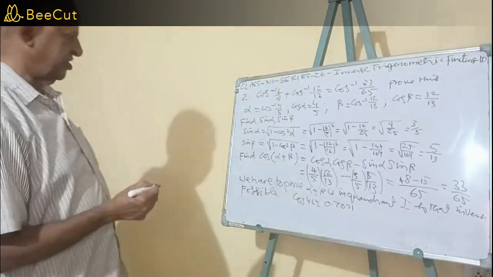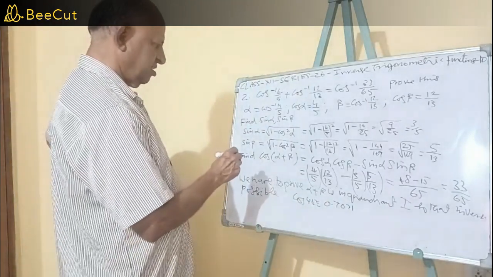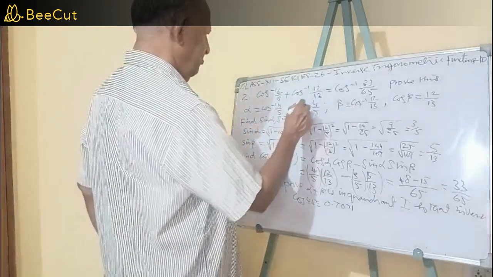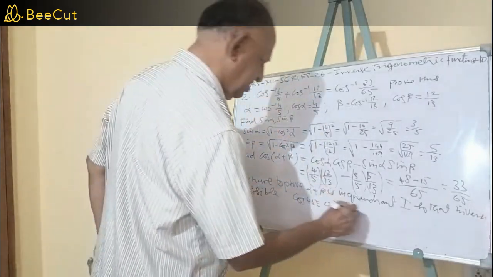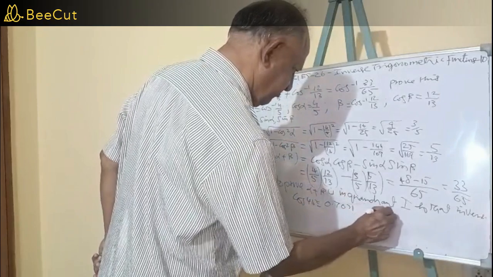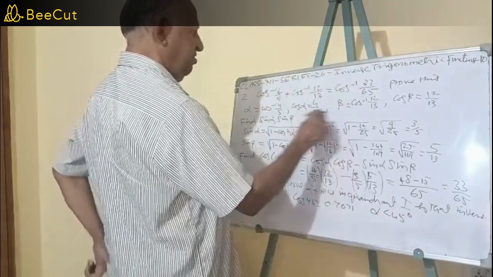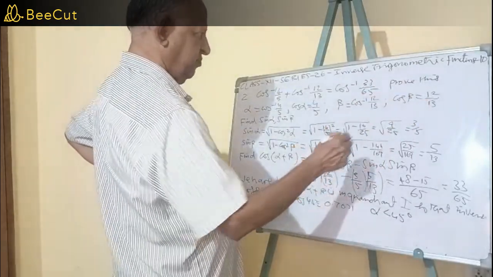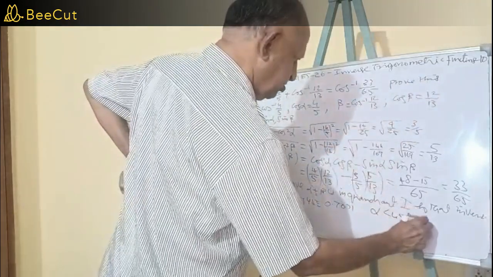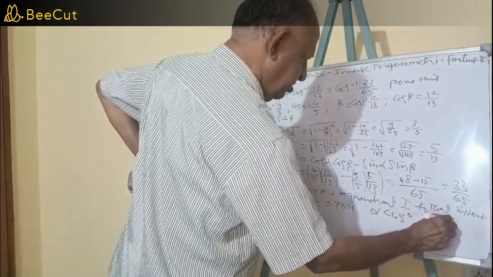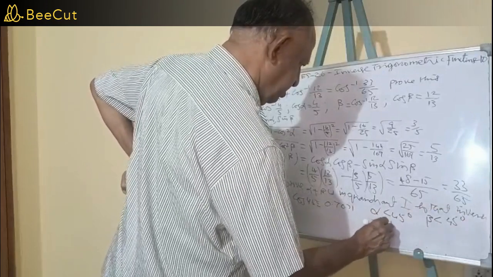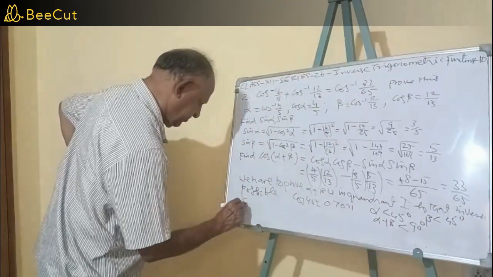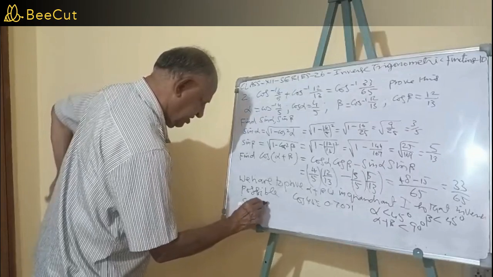We can take it from the table. Cos alpha is 4 by 5, which is 0.8. It is greater than cos 45, so alpha is less than 45 degrees. Similarly, beta, 12 by 13, will come to around 0.923. So beta is also less than 45 degrees, so alpha plus beta is less than 90 degrees. So alpha plus beta is in quadrant 1.